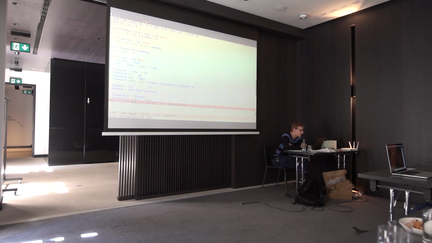Okay. What I'd like to draw your attention to is that we have a different name for the constructor here, product, and for the constructor of a value. So this is the type of tuples, while this is an actual tuple. In Haskell, the syntax is the same.